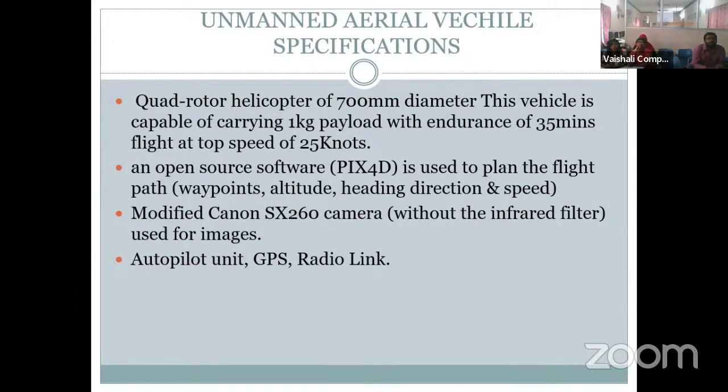We are using Pix4D, a company whose software helps with mapping the waypoints, altitude, heading direction, and the speed of the drone. We are using a modified Canon SX260 camera without the infrared filter for taking the images. Our drone consists of an autopilot, GPS, and radio link.